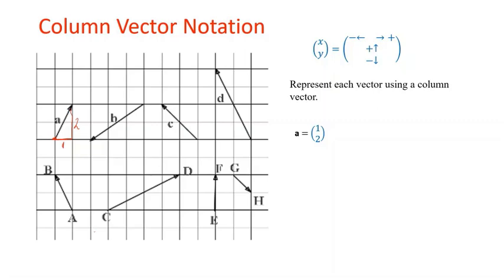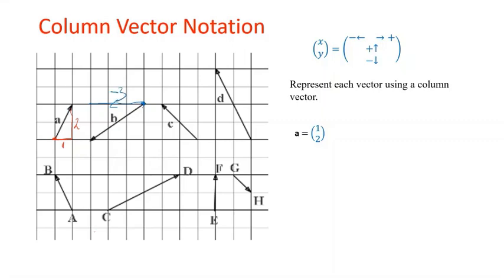Now let us do one more. Let us do vector B. So let me change the color. We start here at the tail of our vector and we move in the direction of the head. So we would go across 3 units to the left. So that would be -3.